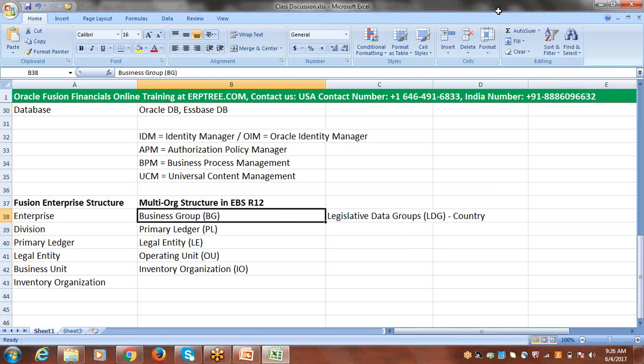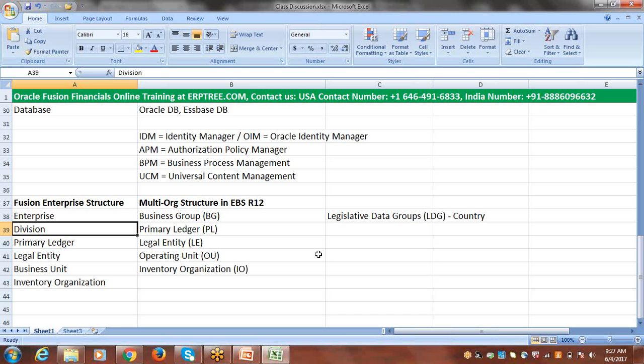Fine. Done. Now the next point here is division. When you talk about division, in EBS you can have a division as one of the segments within your chart of accounts. If you are going to have, say, a global chart of accounts, in that scenario, within the division you may have different geographies as different divisions.